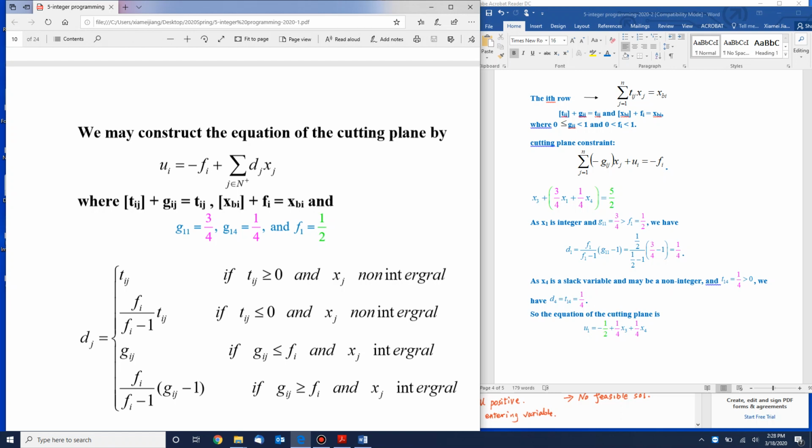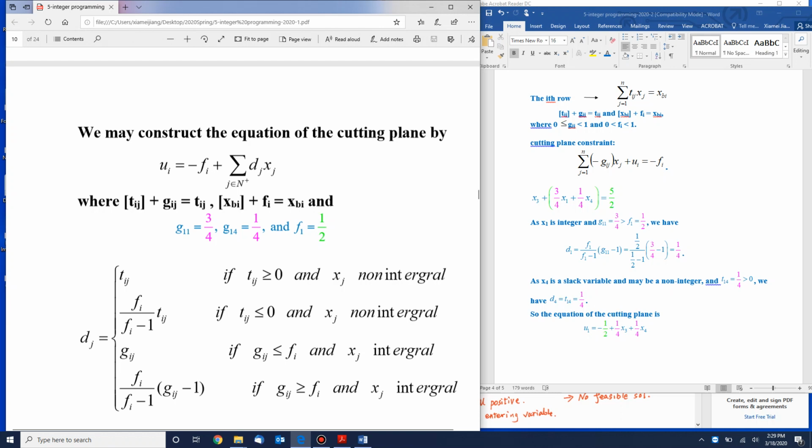Then, as x4 is a slack variable, we don't need it to be an integer, because it's a slack variable we add in the simplex method. So x4 may be non-integer, and we can use the first two formulas to decide D4.